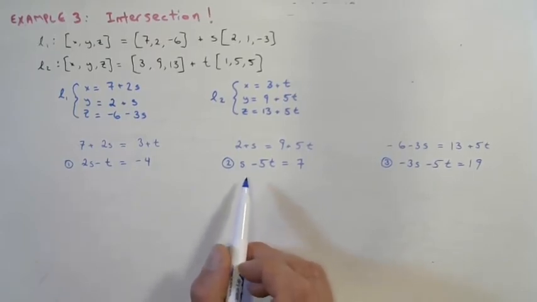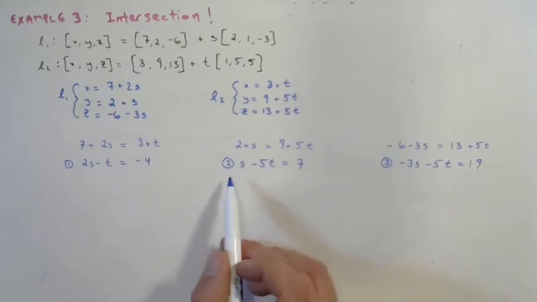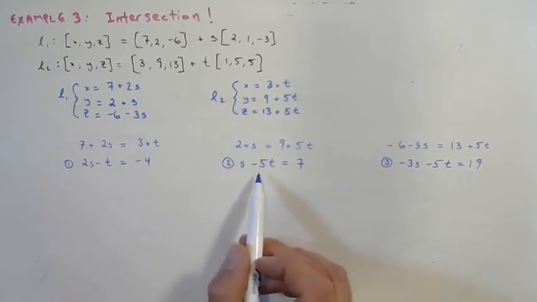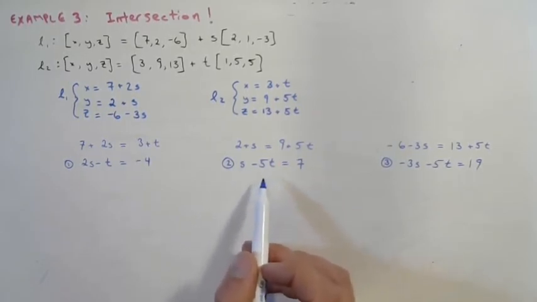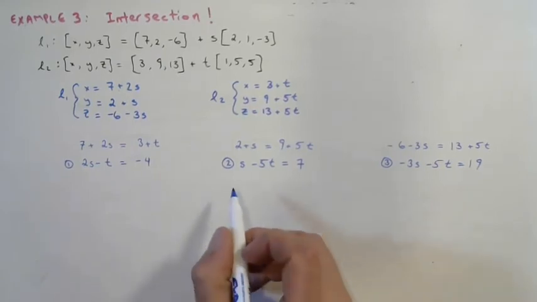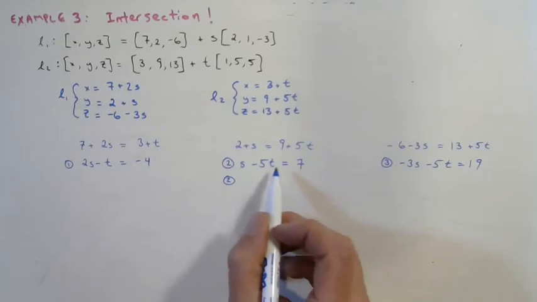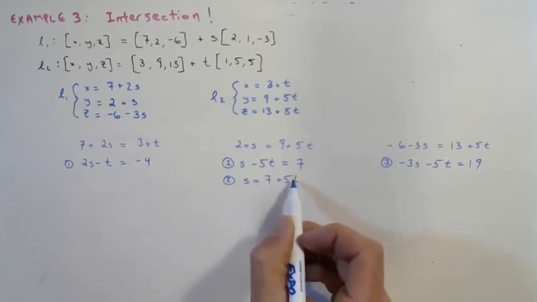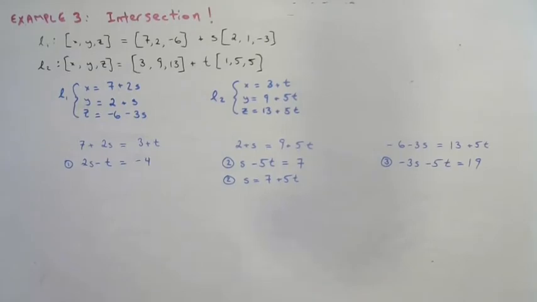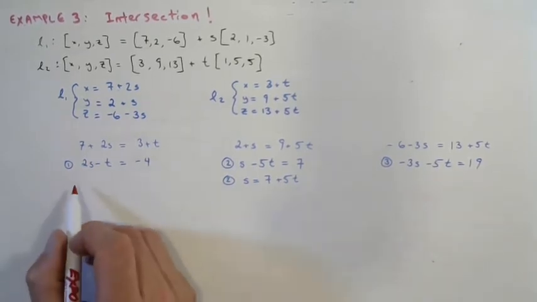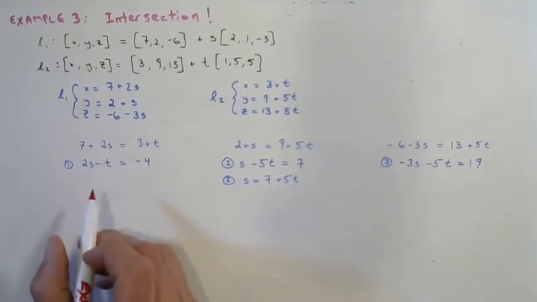You might be tempted to use substitution if you can say this is s equals 7 plus 5t and then sub that in somewhere else. Maybe I'll do that because I haven't done that yet. So equation 2, to isolate s, is going to be s equals 7 plus 5t. And now I'm going to sub that into equation 1.